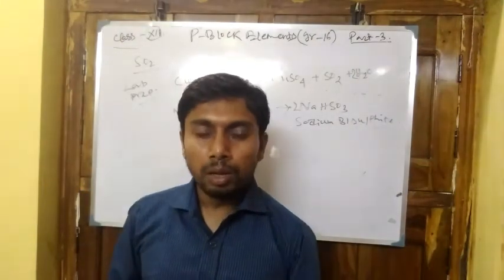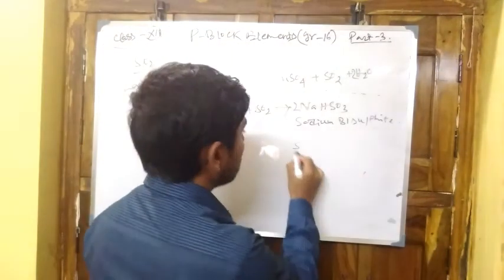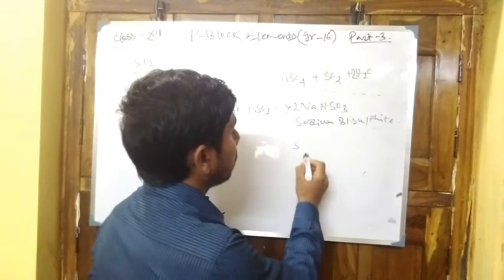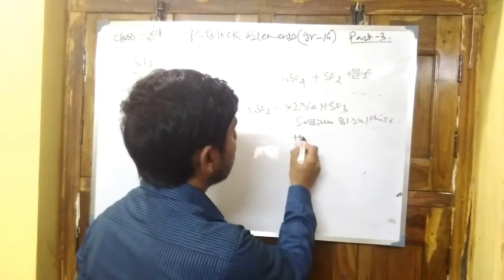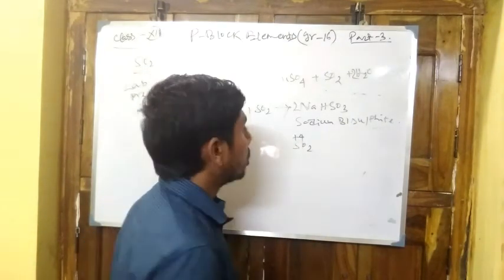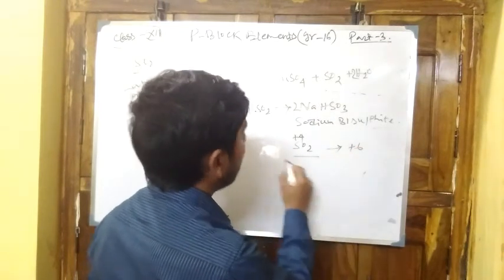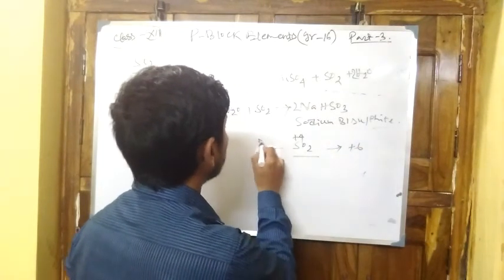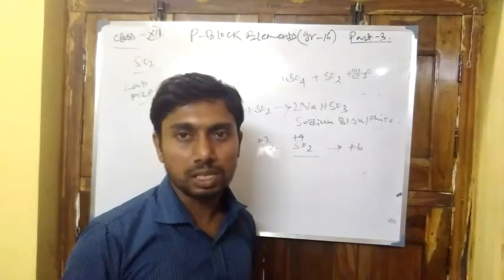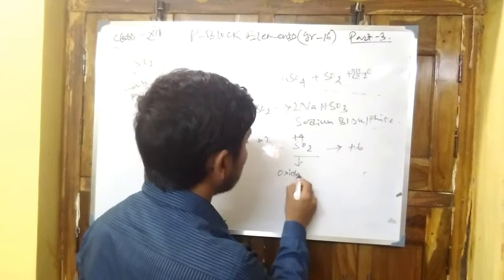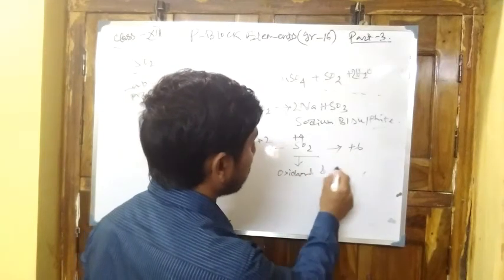Next one, as sulfur has a variety of oxidation states, in sulfur dioxide, sulfur is in the +4 oxidation state. So it can increase the oxidation state to +6 and also decrease it to +2, etc. So SO2 has both characters, oxidant and reductant.